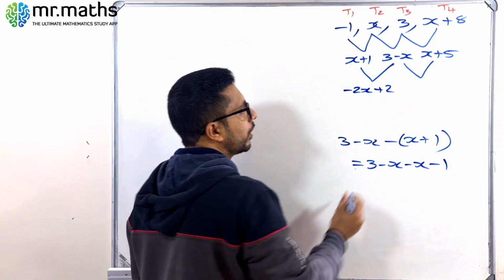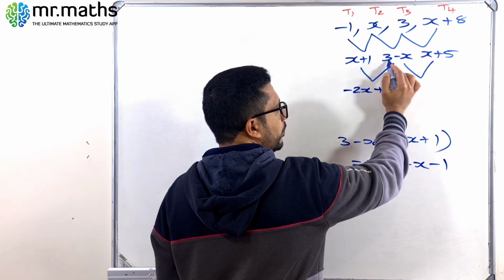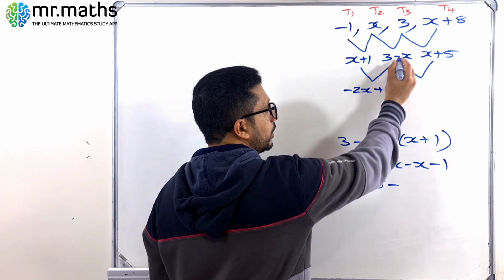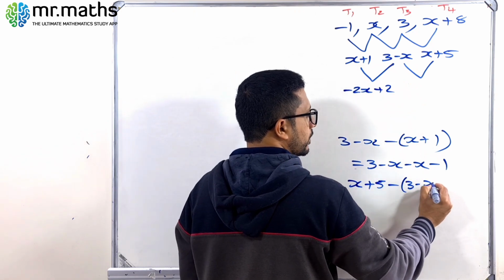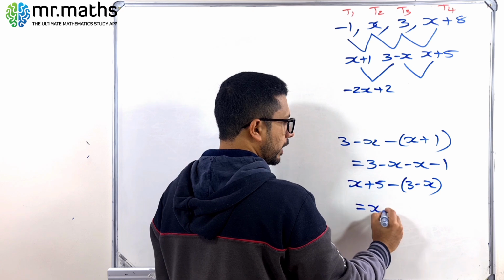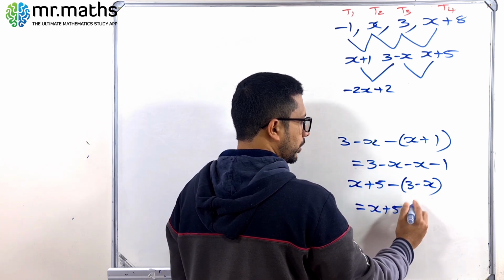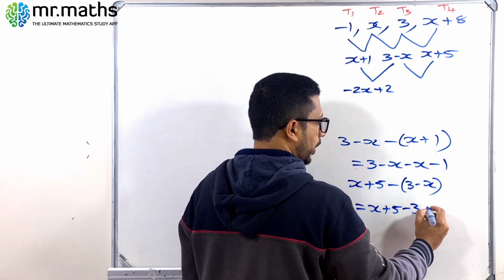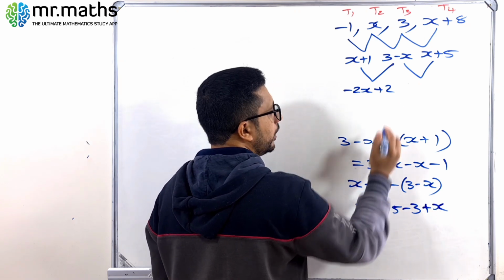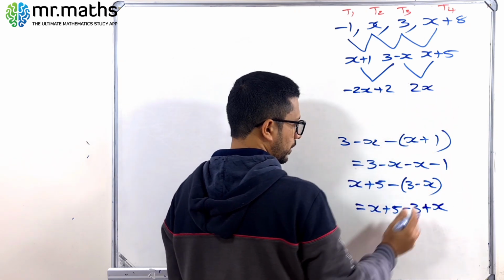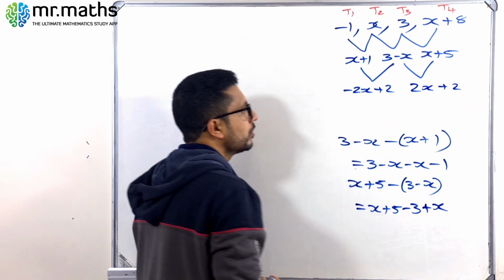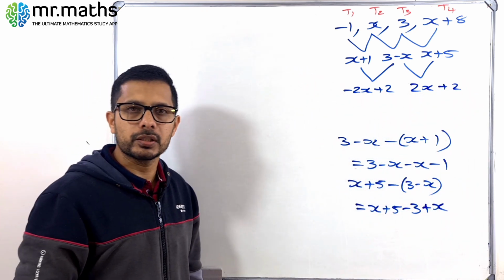Next one, x plus 5 minus (3 minus x). Expand the bracket: x plus 5 minus 3 plus x. x plus x is 2x, then 5 minus 3 is 2. So there we got 2x plus 2.